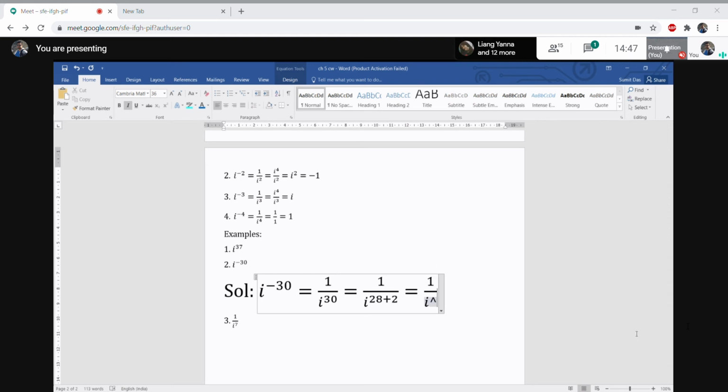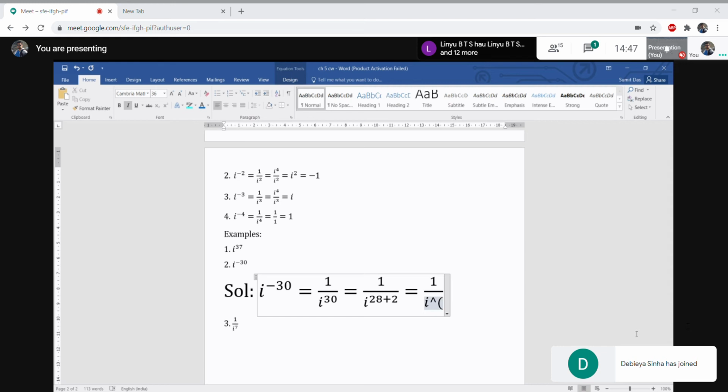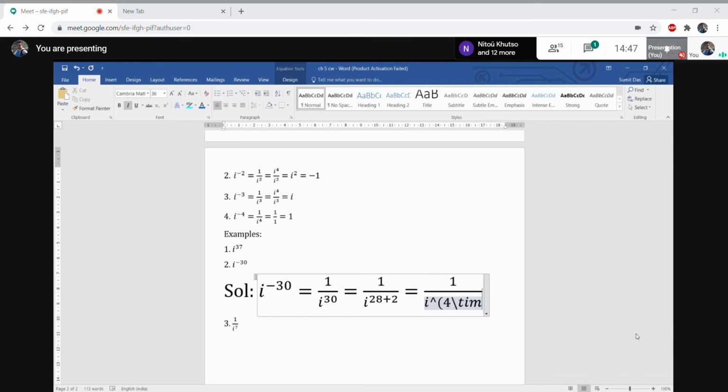28 can be written as 4 into 7, plus 2. Check it carefully.